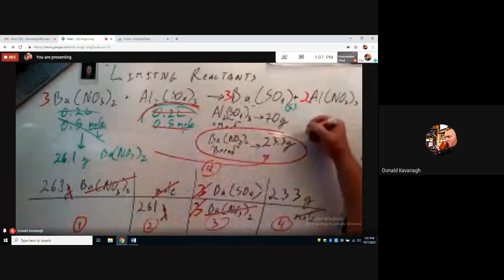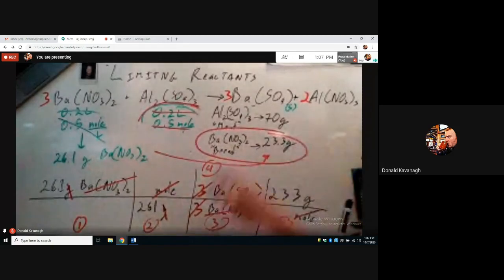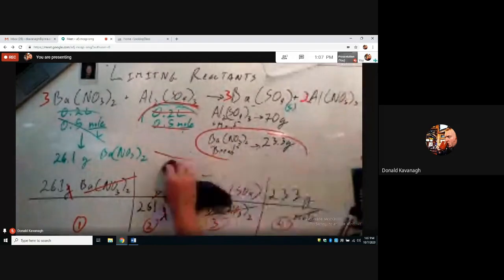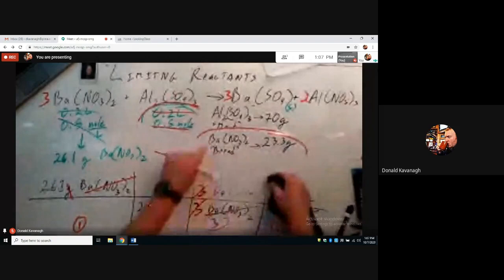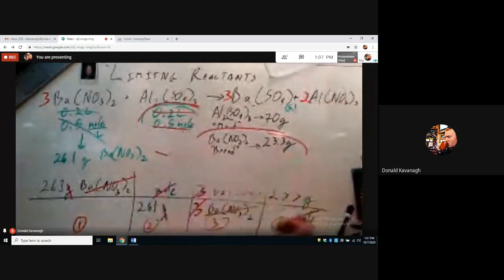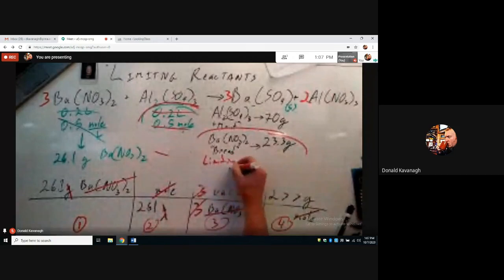Two calculations were performed, and the lowest answer tells you 2 things. The bread, the barium nitrate, is your limiting reactant. I called this the bread, and that's kind of a coincidence, but that works out well. This is your limiting reactant, the barium nitrate.